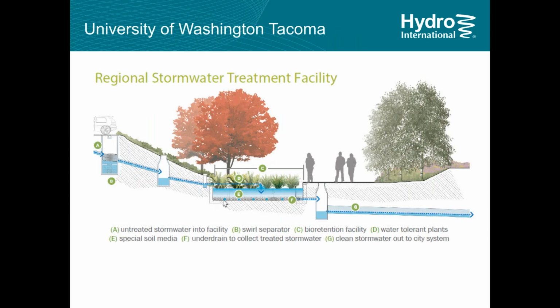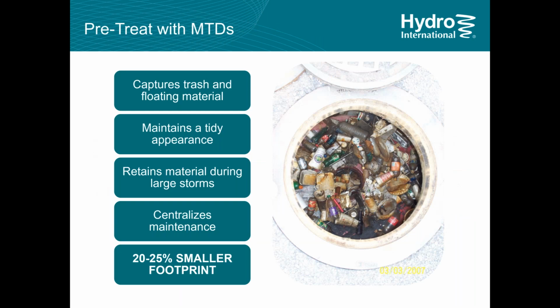Now you only need space for your planted infiltrating area. Only that has to be subtracted from the parking essentially, and you can put a car on top of your pre-treatment here.